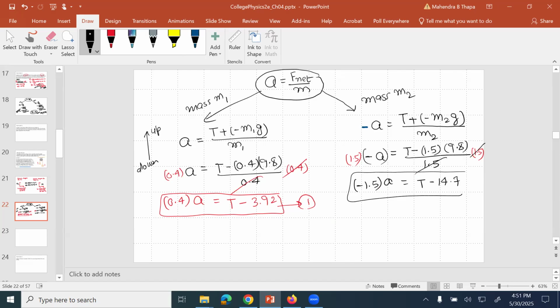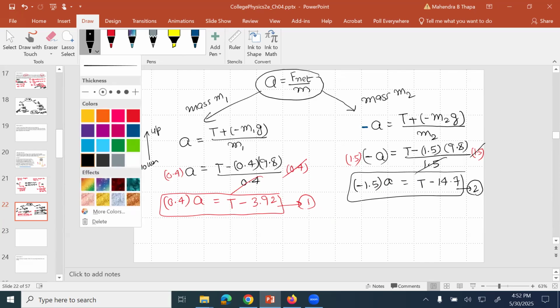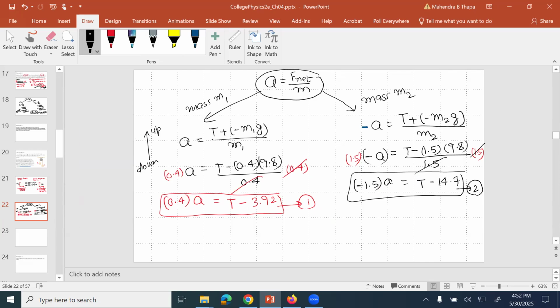So this is the second equation. We need to solve equations 1 and 2 to get the acceleration and the force on the string.